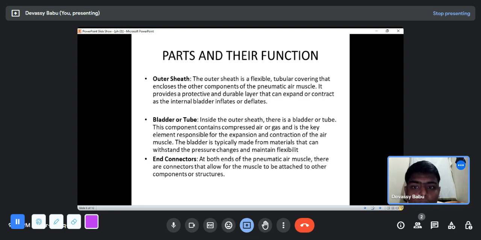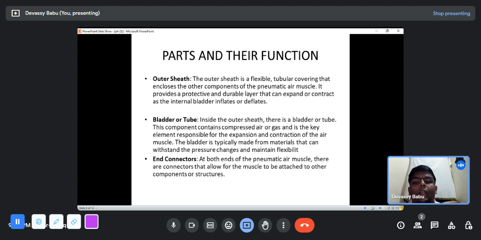the parts of the pneumatic air muscles are as follows. Outer sheet: the outer sheet is a flexible tube covering and enclosing the other components of the pneumatic air muscle. It provides a protective and durable layer that can expand or contract as the internal bladder is inflated or deflated.